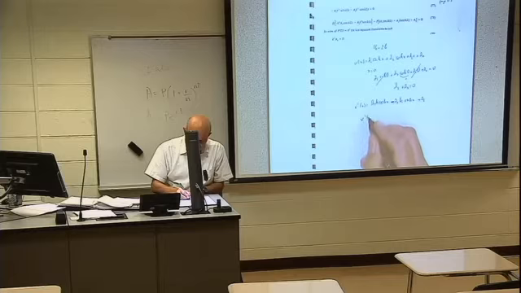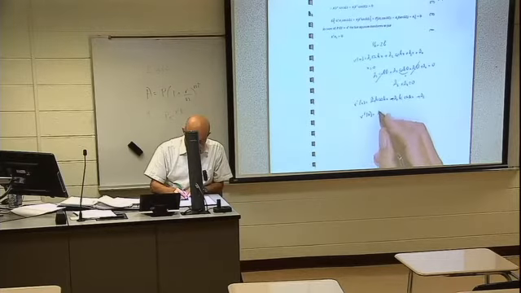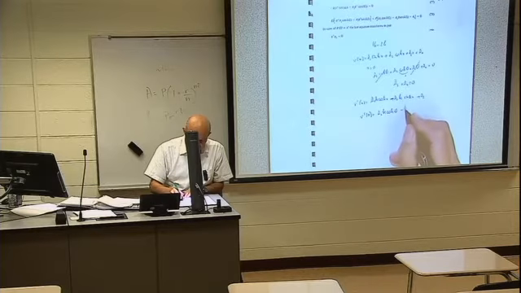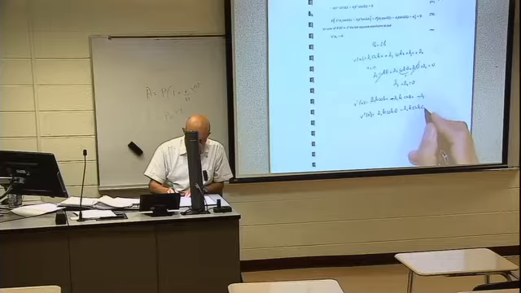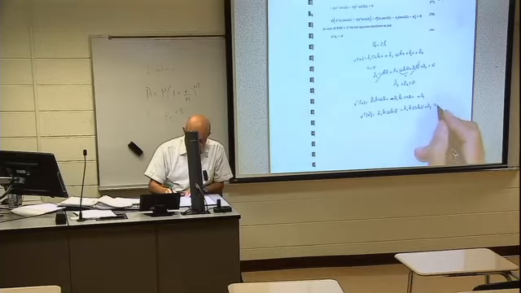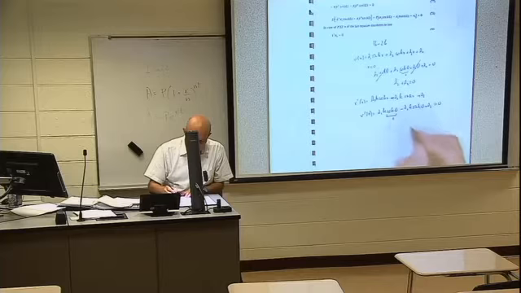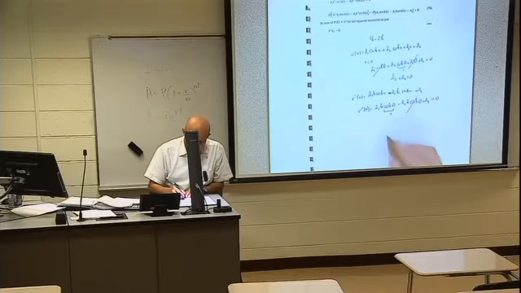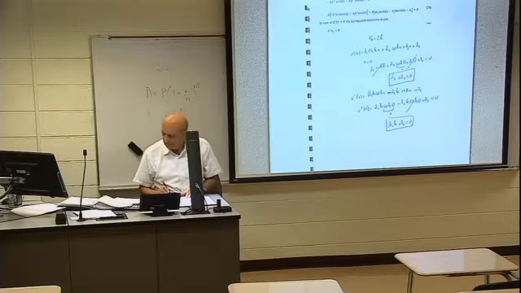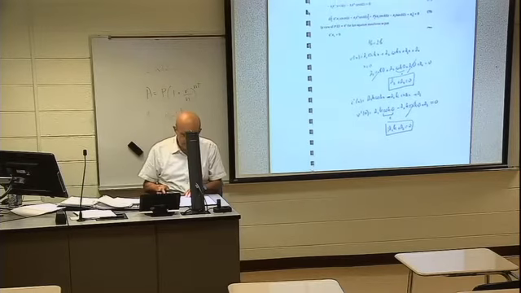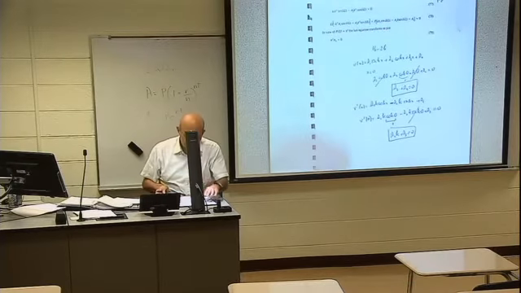So V prime at 0 equals A1k cosine k times 0 minus A2k sine k times 0 plus A3, and that must be 0. This is 1, this is gone, so we get A1k plus A3 equals 0.